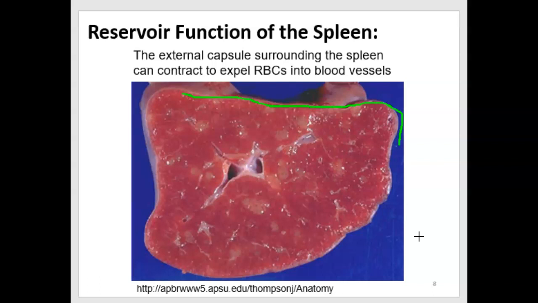It can contract and force red blood cells into the circulatory system. So this is a really important function, particularly with sudden blood loss, right? So some sort of a trauma and you lose a lot of red blood cells, the spleen can contract and a bunch of red blood cells can be dumped into the circulatory system to carry oxygen. It's really cool.